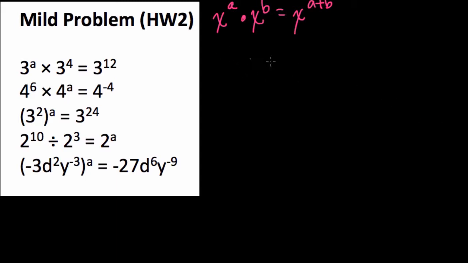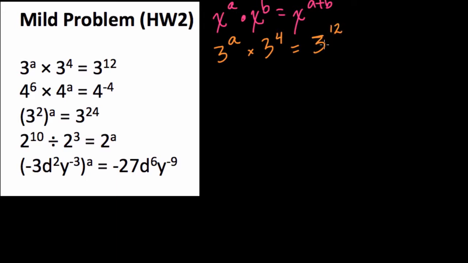So if we have 3 to the a, let me use a different color, 3 to the a times 3 to the fourth. So I'll use little x's for times. I use a dot up here, but there are x's typed out here, so I'll work with that. So 3 to the a times 3 to the fourth equals 3 to the 12th.